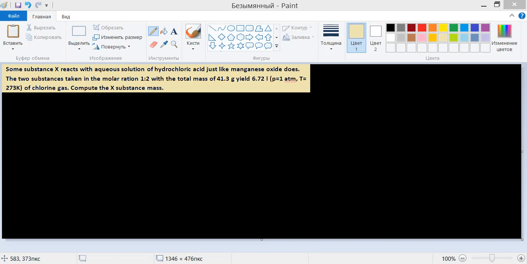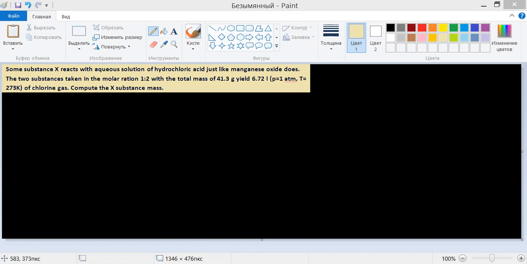Okay, so what should we do? First of all, let's write the schemes of the two reactions, taking into consideration the fact that towards the aqueous solution of the acid, they react similarly, which means that water, molecular chlorine and the two chlorides are formed.